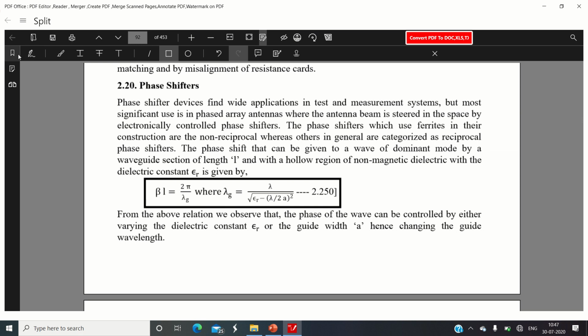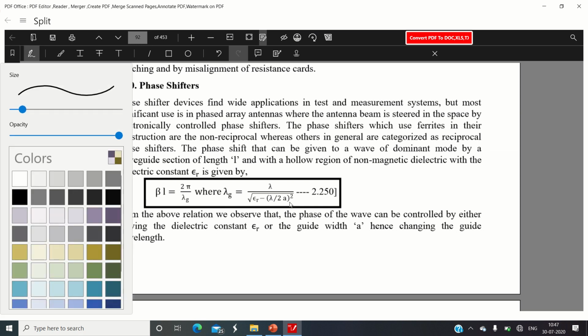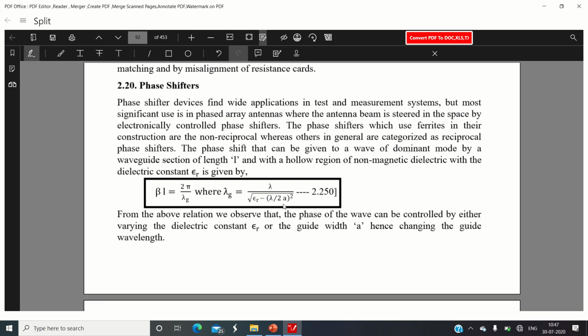Please remember, it depends on the dimension of the waveguide, that is a over here, and it also depends on the dielectric constant. From this equation 2.250, we observe that the phase of the wave is beta. So how to change the phase of the signal, that is beta?